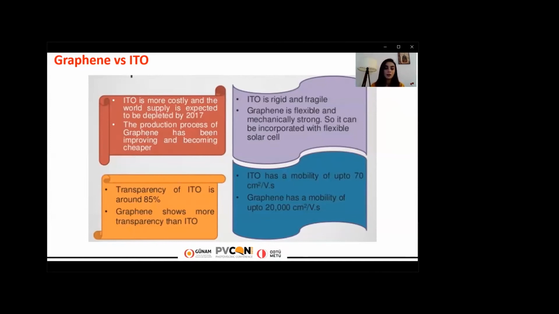Transparency of indium tin oxide is around 85%, but graphene shows more transparency than indium tin oxide. Indium tin oxide has a mobility of up to 70, but graphene has mobility up to 20,000.